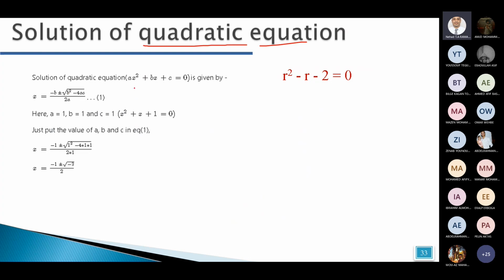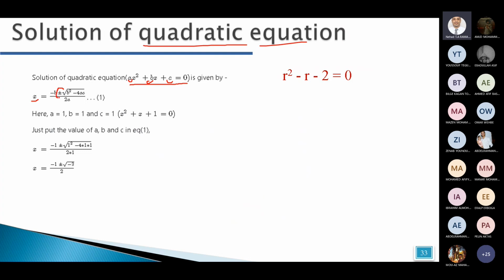If you have a quadratic equation like this, then the solution will be: x equals minus b, which is the constant with x, plus or minus the root of b power 2 minus 4ac, where a is the constant with x squared and c is the constant alone without the variable, all divided by 2a.